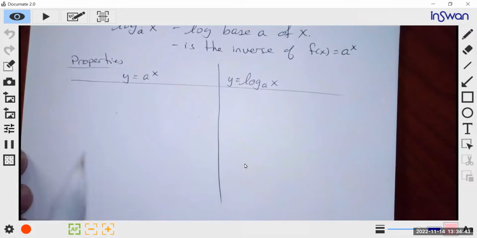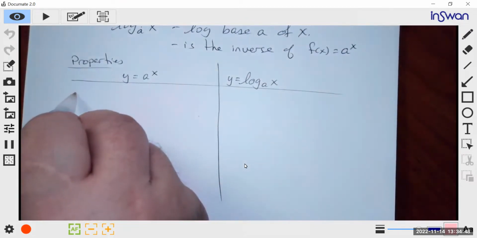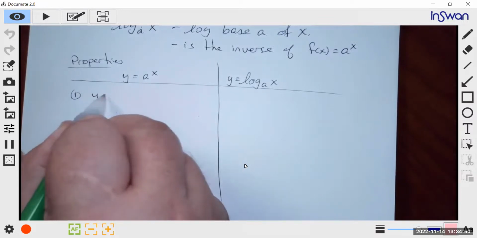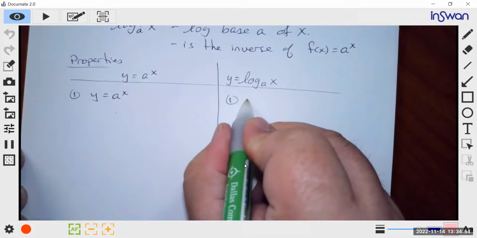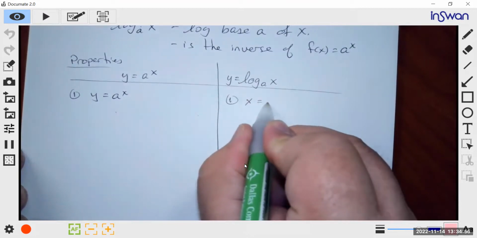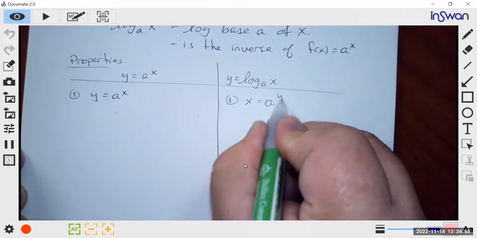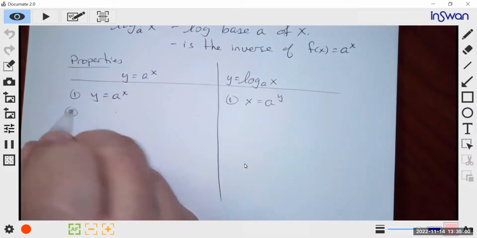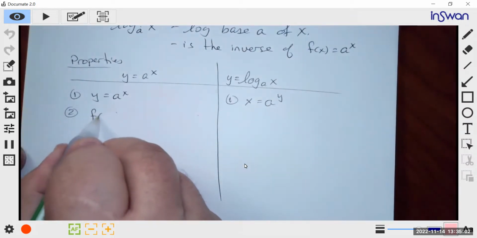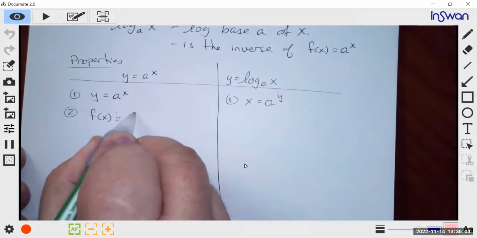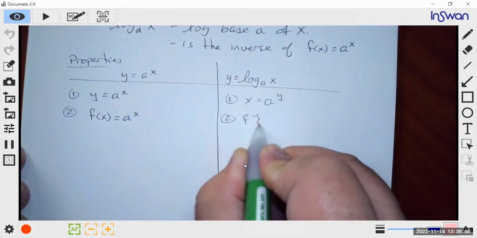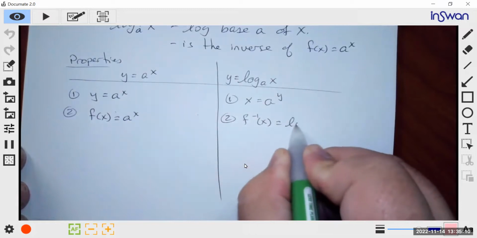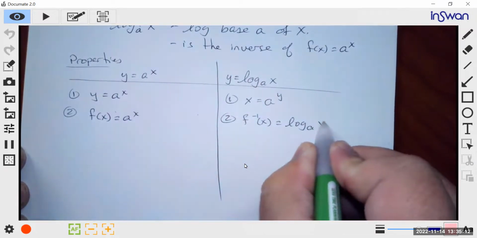So the exponential function, the properties there, this is the way they look. The function is a to the x. The inverse function is log base a of x.